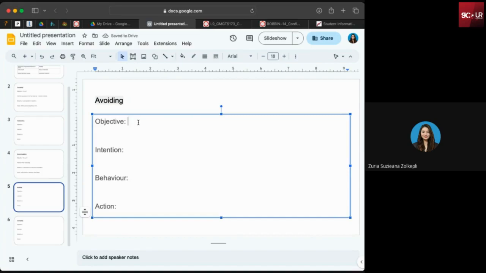The second one is you win. So avoiding means that, who wants to guess what the objective is? No one wins. Alright? In terms of avoiding, you avoid the conflict at all costs. Not to deal with the conflict, to solve the problem, later.